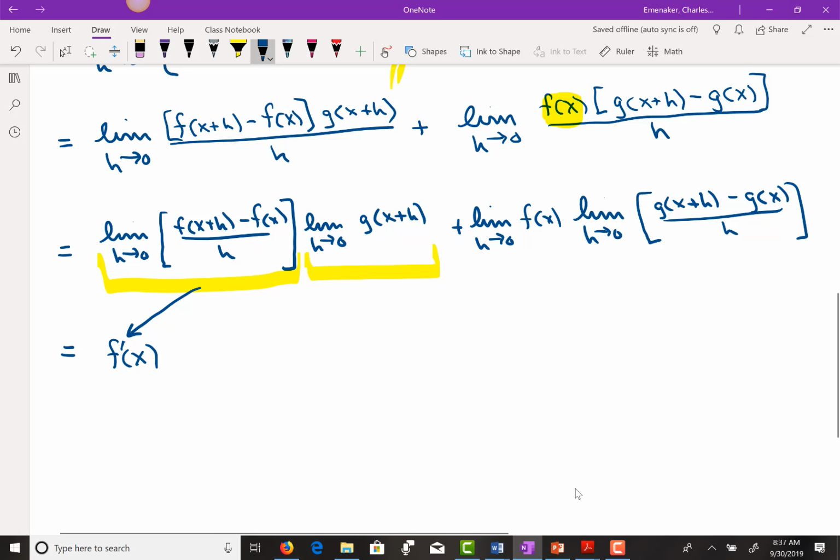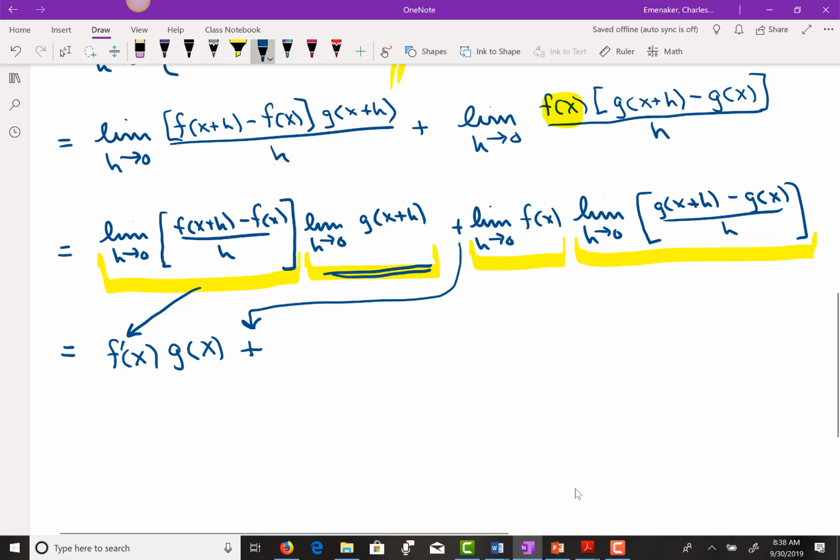Then, for the second factor in that term, say what? This chunk. If we plug in 0 for h, don't we just get g of x? The h goes away and you're left with g of x, whatever that would be. Then we have this plus sign. Then we have this factor times this factor.